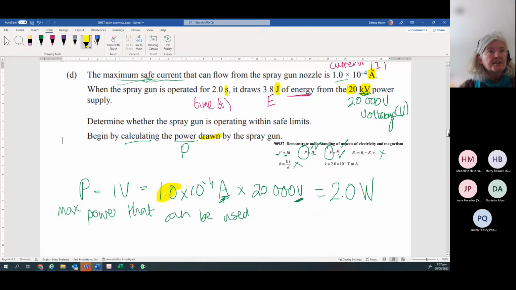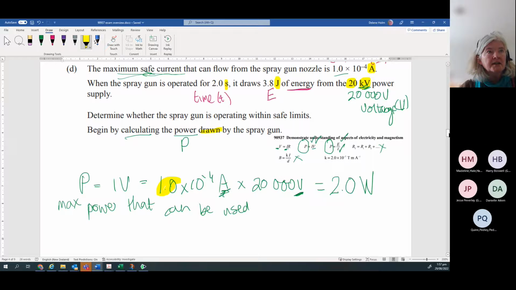So what you now need to do is go, okay, let's look at the other option. Now I've deliberately, yes, so Quinn, you've gone straight to it. I've deliberately done it as though I didn't quite know what to do. And so I was just going to be looking at these things. So what the spray gun is actually doing is this bit over here, which means we now need to use that equation.